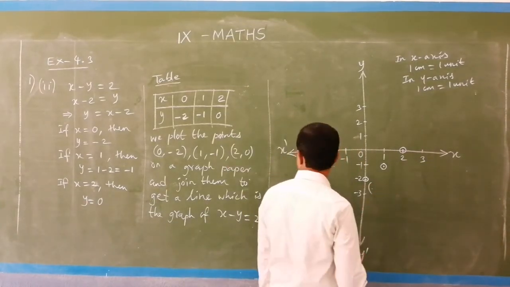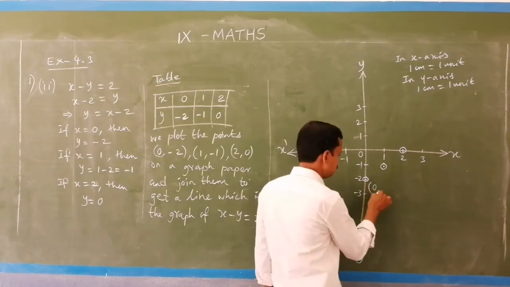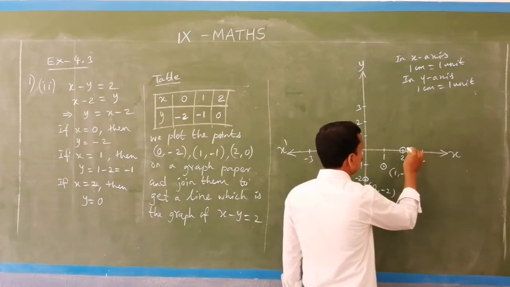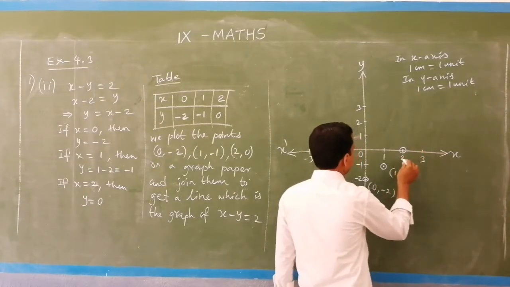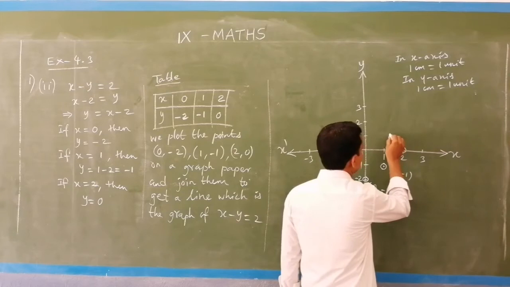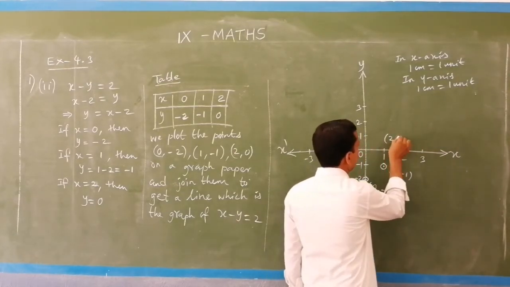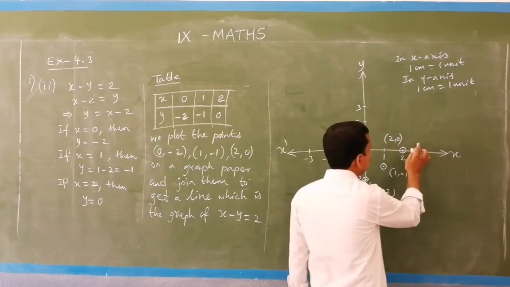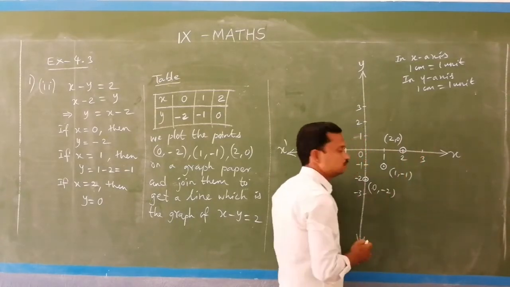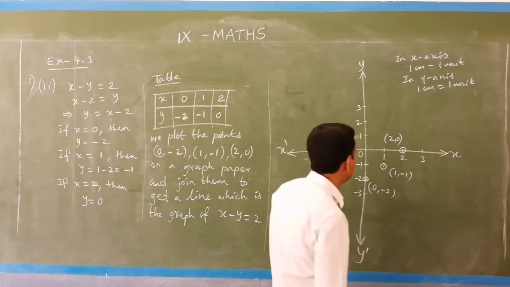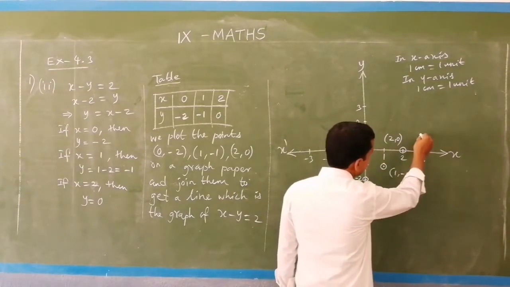You can write 0 comma minus 2, and this is 1 comma minus 1, and this is 2 comma 0. Write it right here, because if you write it on the line, then when you draw the line it will go along that point. So, write clearly and join it.